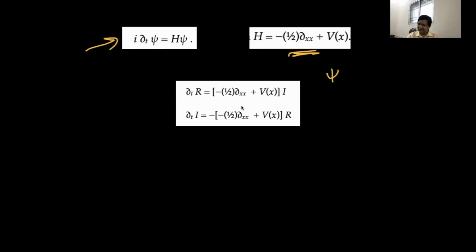We write psi as real part R plus i times imaginary part I, and substitute this here. You get 2 equations.